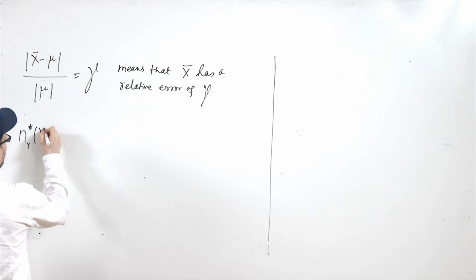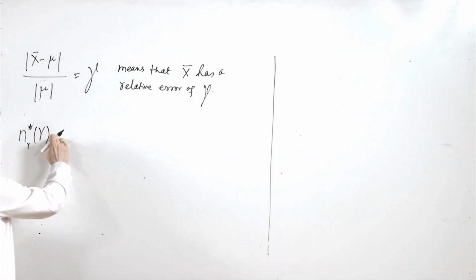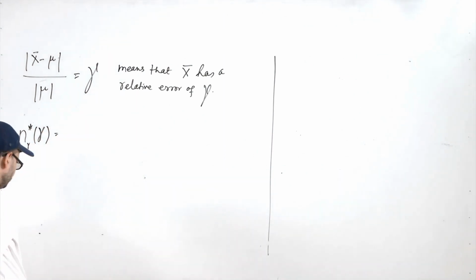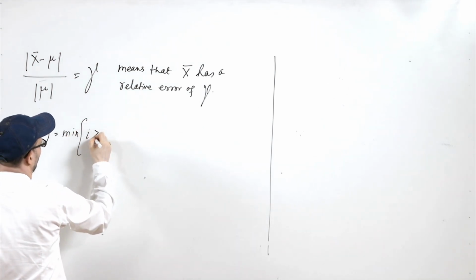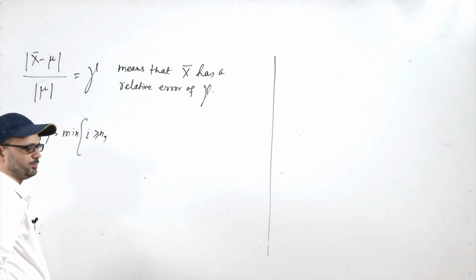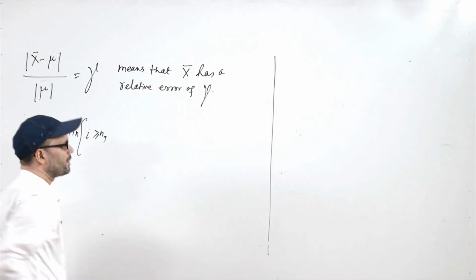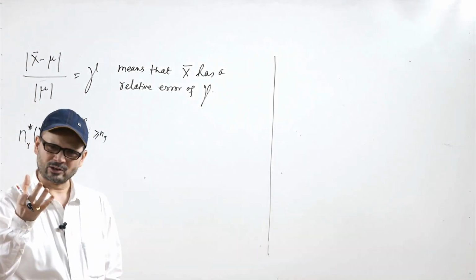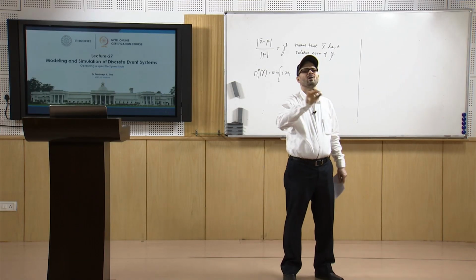So, for a particular relative error of value gamma, it will be the minimum i greater than or equal to n. Because it is the relative error with respect to mu, and we have to see it with respect to x bar, in case of x bar it becomes gamma by 1 plus gamma.